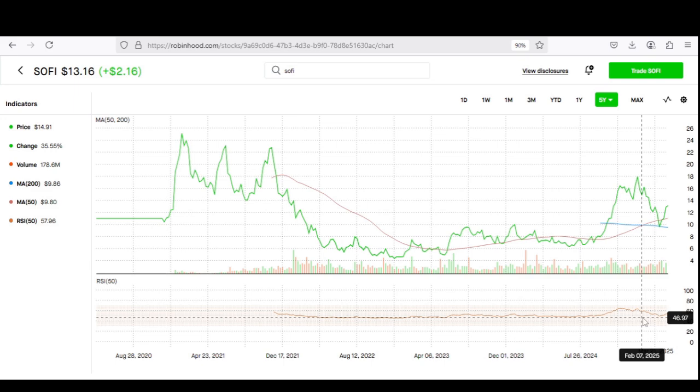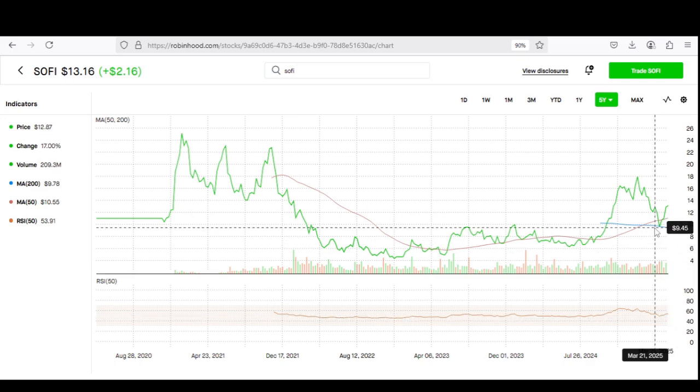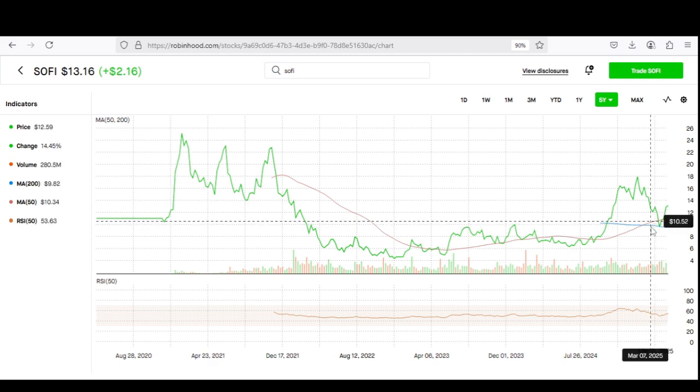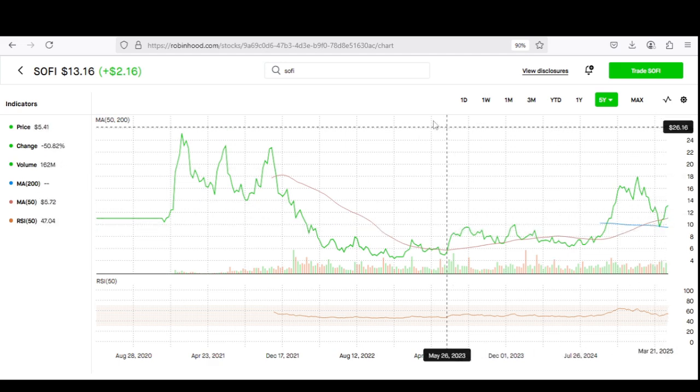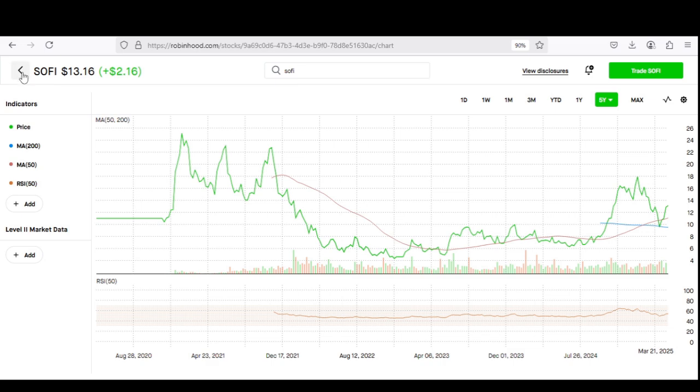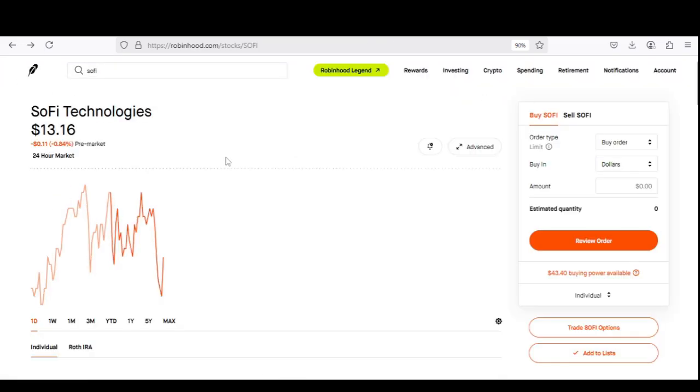Okay, so now we have confirmation using our RSI indicator that the stock is trading a bit high. We also have confirmation using the 200-day moving average that the price is trading above where it should be trading. Now that we have that concrete evidence, we're going to go ahead and get down and dirty with options. Before I show you this option strategy, I want you to do two things.